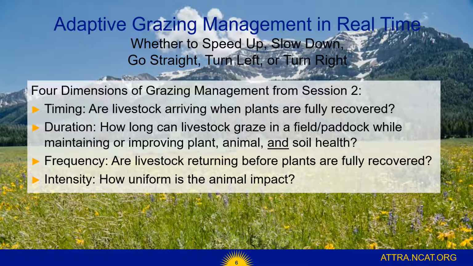And is there enough leaf area remaining after livestock leave to regenerate the plant and keep the soil covered? That's a real key part. With the duration aspect, the real critical part there, folks, is what are we leaving behind to help regenerate the plant and to also feed the soil?